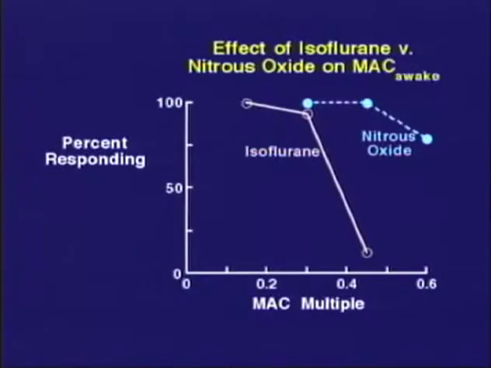But in that situation, you're saying that MAC awake is a little over 60% of MAC. Correct, with the MAC of nitrous oxide being 105. So if you give, at best, 70% nitrous, you don't have a very large window between MAC awake and the maximum amount you can deliver.